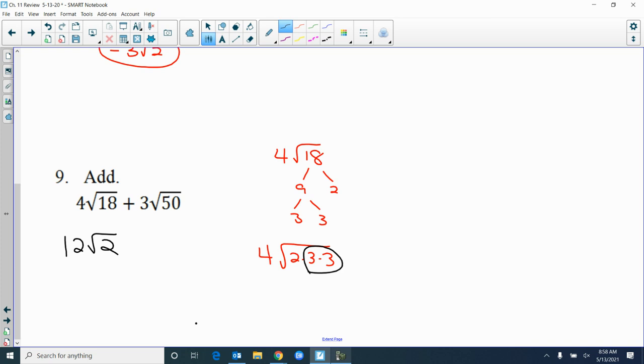I didn't hear it, so that's good. Yeah, what do we do? Okay, so the 5 comes out, multiplies by the 3. Okay, so it's even the square root of 2.